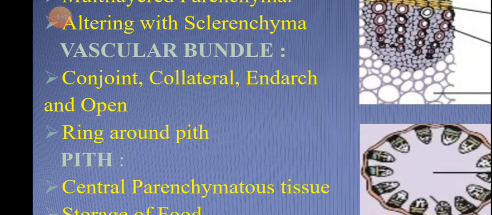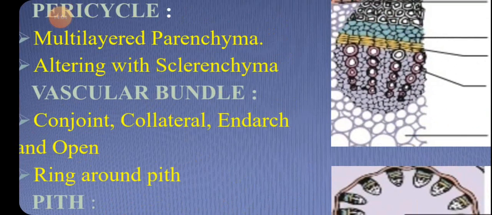Now two types: smaller xylem is protoxylem, larger xylem is metaxylem. Here, protoxylem lies towards the inner side means endarch, protoxylem lies towards the outer side means exarch. Now here endarch xylem is only present and open. Open means what?